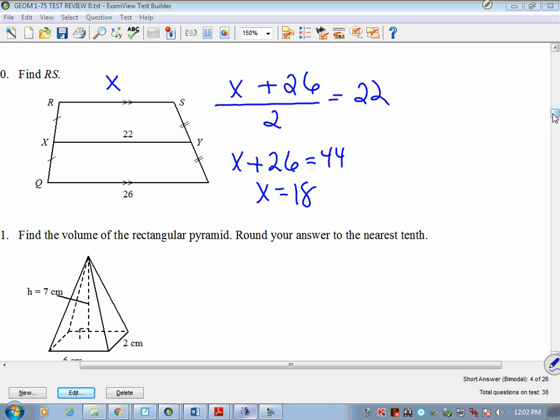Thank you. Okay. So if you know the difference between 22 and 26 is 4, I could take 22 minus 4 and get 18. Does that work every time? It should work because, like we said, it's the mid-segment, so it should be half, so you just end up subtracting whatever the difference is. But the problem is, what if we knew RS but we didn't know Q, whatever it is?